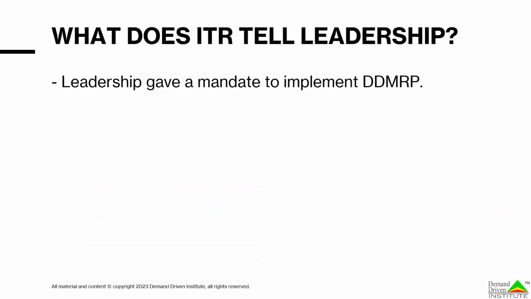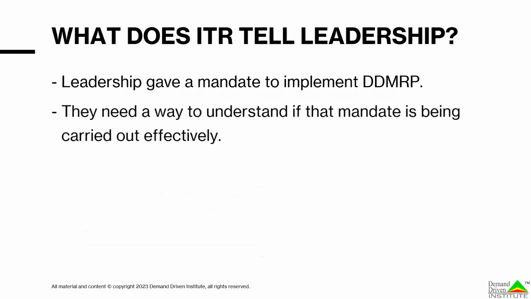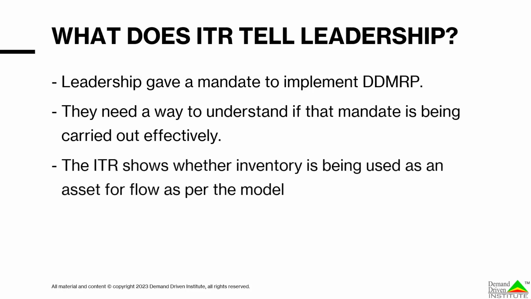Number one, remember, we're at the beachhead. They gave you a mandate to try DDMRP. They need a way to understand if that mandate is being carried out effectively. So the ITR shows them whether inventory is being used as an asset for flow as per the model.